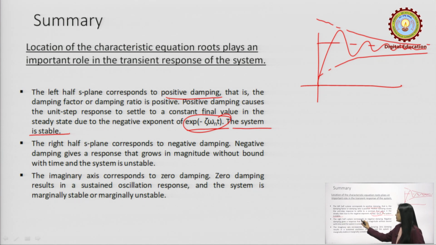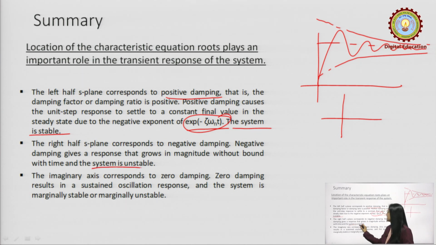The right half S plane corresponds to negative damping, as we have seen that the roots lie on the right half of the S plane, and negative damping gives a response that grows without bounds with time, and the system is unstable.